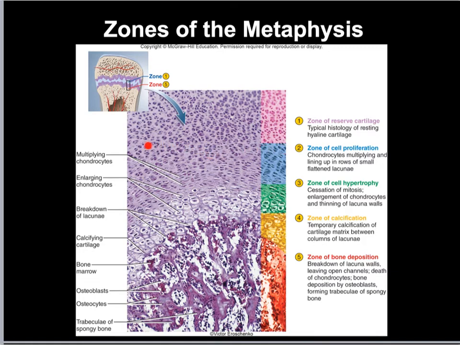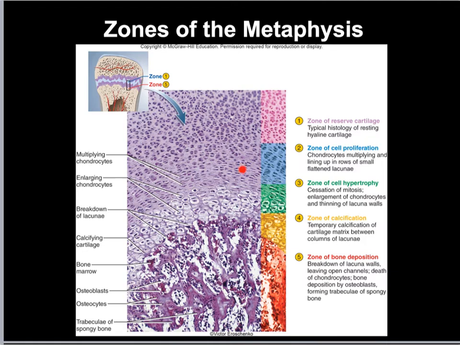Next, we have the zone of cell proliferation. Right? This is where you have your chondrocytes, your cartilaginous cells. They're dividing and making new cells with new lacuna.